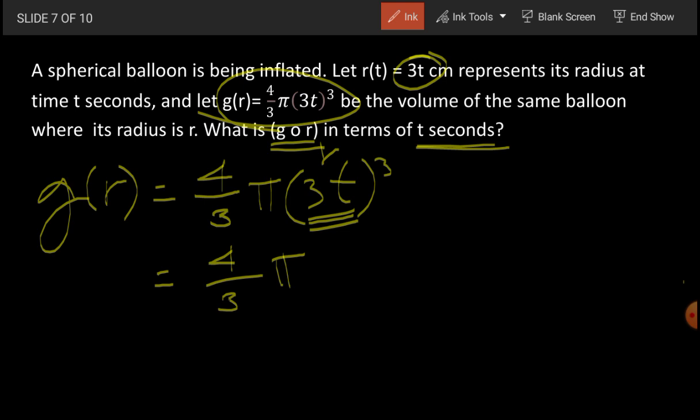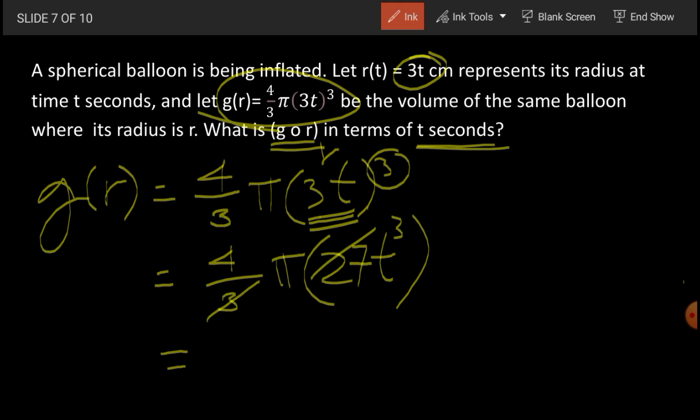So we just have to expand 3t cube, so that's 27t cube. Then you know that 27 can be divided by 3, so by cancellation technique you can just have 9. 4 pi times 9t cube.